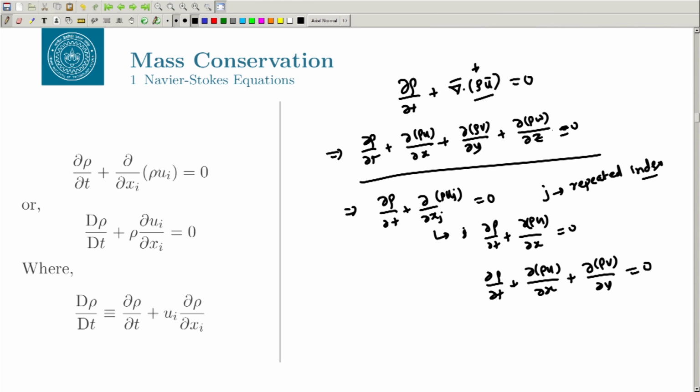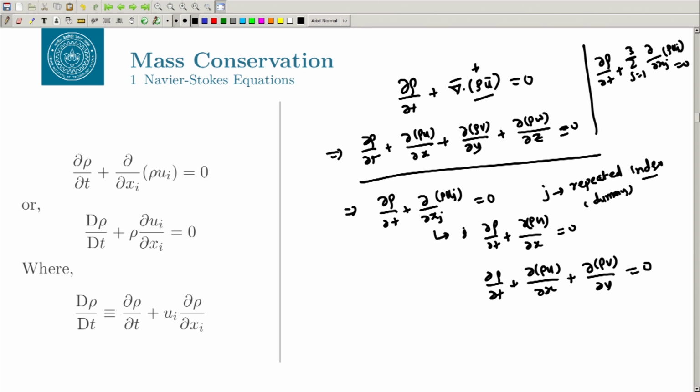So this is a repeated index, or a dummy index, and this follows the Einstein convention or Einstein notation. Earlier, when tensor algebra was used, you had to write del rho by del t plus sigma, j equal to 1 to 3, del by del x j of rho u j equal to 0, and then you do it for j equal to 1, 2 and 3.